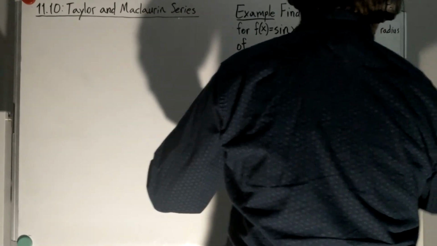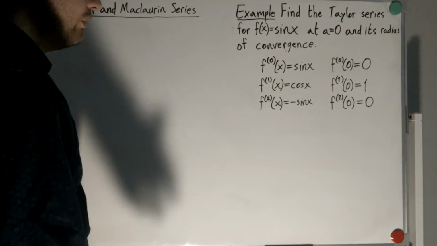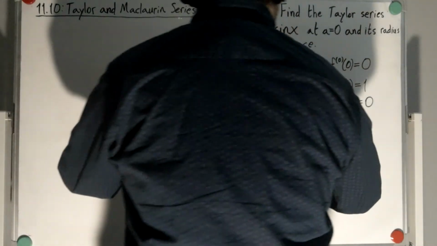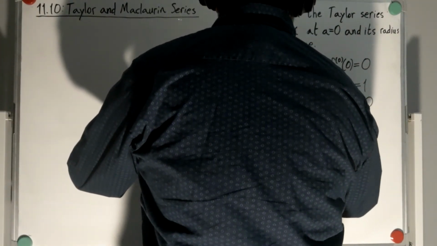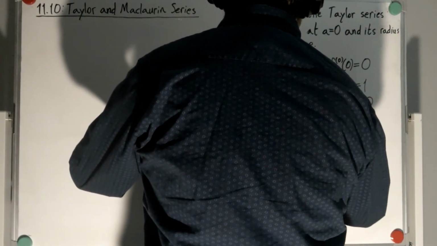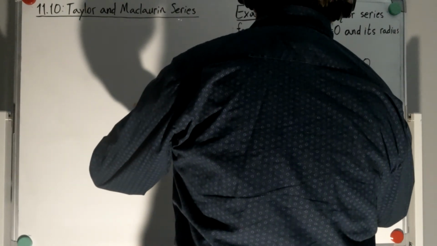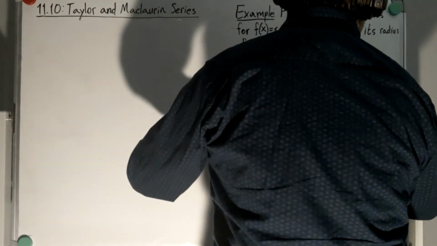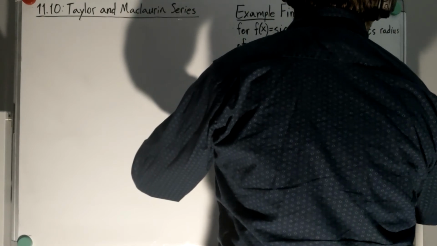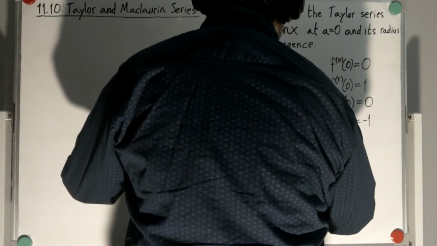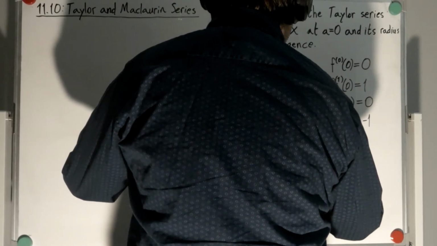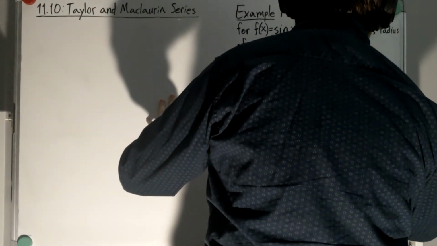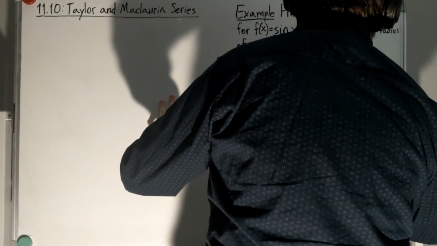Negative sine of 0, which is 0. The third derivative is going to be negative cosine x. Evaluate this at 0, you get negative 1. The fourth derivative is going to be sine x. Evaluate this at 0, and you get 0.